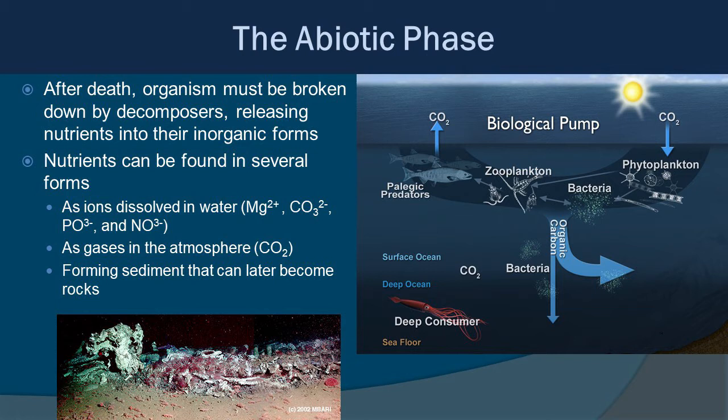There's a diagram on the right that shows you some of this, where CO2 is coming and going from the atmosphere into the ocean, or organic carbon is being deposited on the ocean floor. There's a picture of a whale fall, which is a dead whale carcass decomposing on the bottom, on the left.